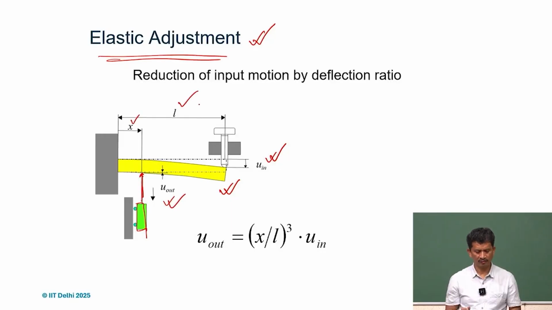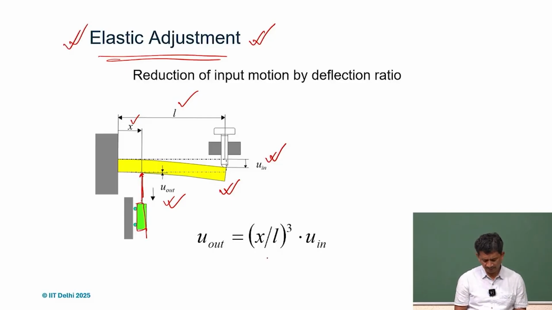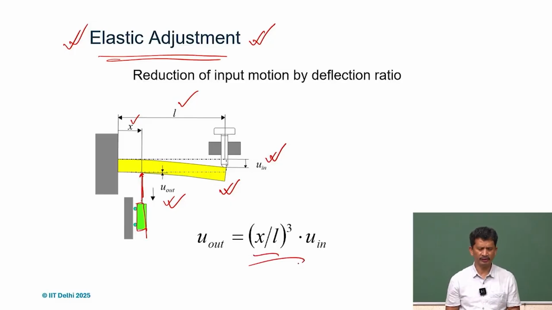If it's rigid, we only get leverage, so x by L is the ratio we usually get. But what happens if it's not a rigid body, but deforms elastically under the bending load? Then it is to the power 3.